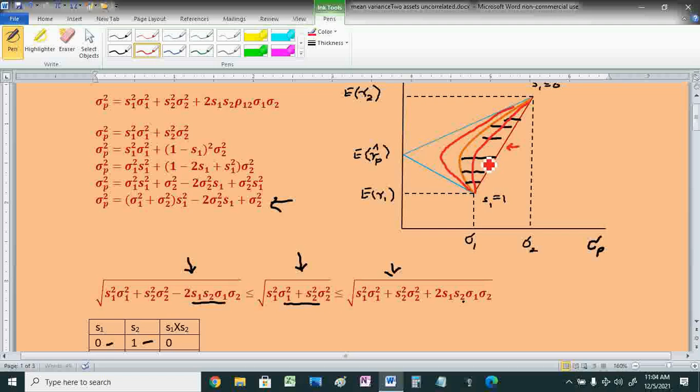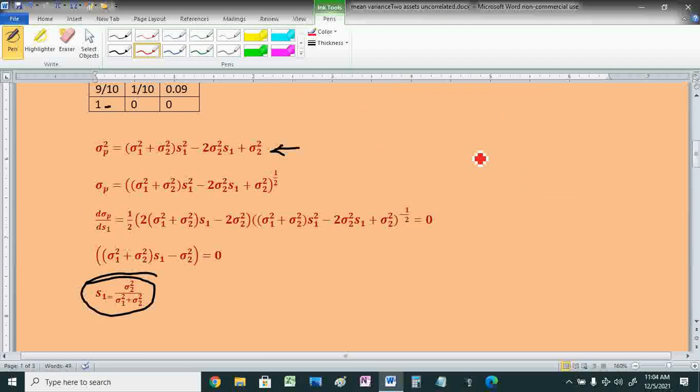In any case where the correlation is between -1 and +1, we will be able to find the shape of the portfolio possibility frontier. It will definitely have a negatively sloped portion, a positively sloped portion, and a minimum variance portfolio associated with it, which we could define using the same procedure that we have written here.